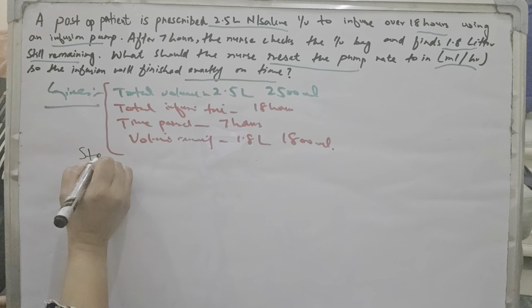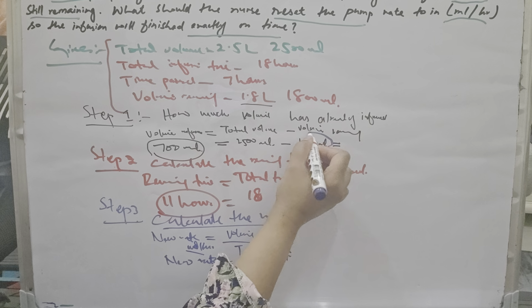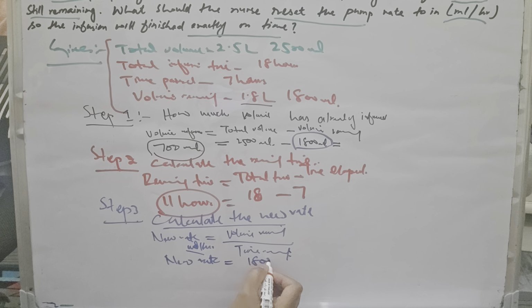So ml per hour equals volume remaining divided by time remaining. The volume remaining is 1800 ml, and the time remaining is 11 hours.